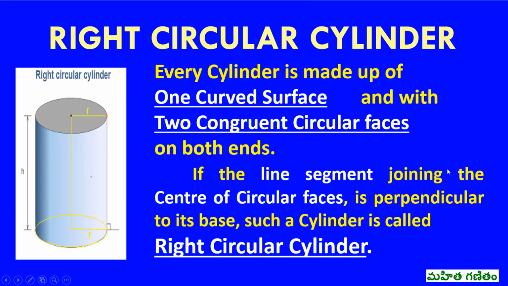If the line segment joining the centers of the circular faces is perpendicular to its base, such a cylinder is called a right circular cylinder. See this one, this is the center of the top circle, this is the center of the bottom circle. The line joining them is perpendicular to the base. So this is called a right circular cylinder.